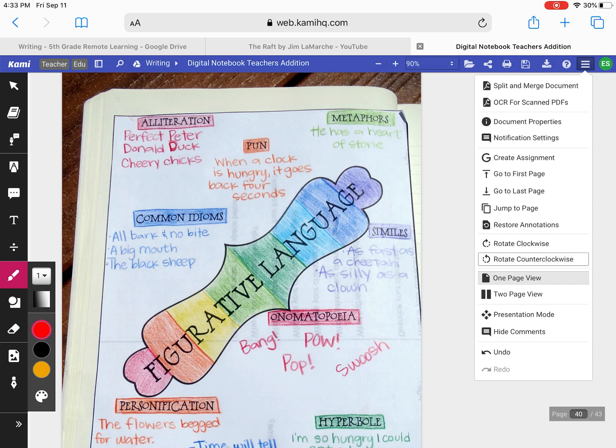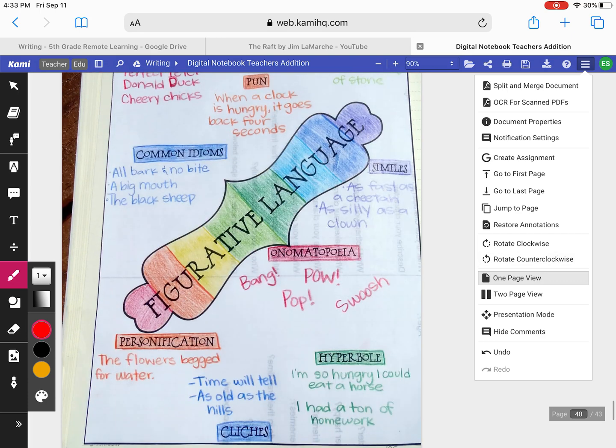This example in here is he has a heart of stone. He doesn't really have a heart of stone because that would mean that his heart would not be beating. But what that really means is that he is a very tough person who doesn't show emotion very often.